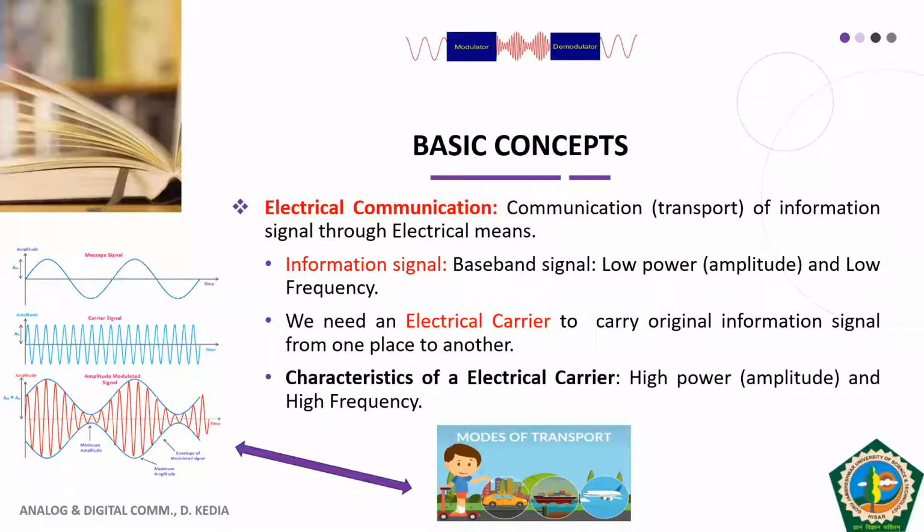I told you briefly that this electrical carrier will be carrying our information signal from one place to another, and obviously it will have characteristics, that means it will have high power or large amplitude or high frequency. Next.